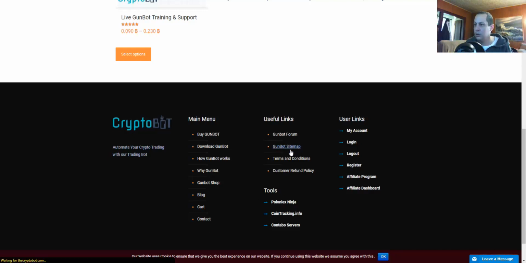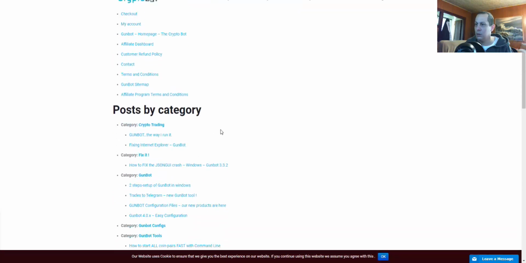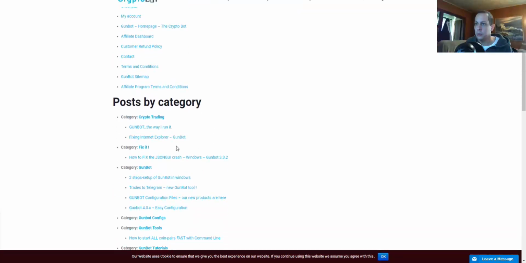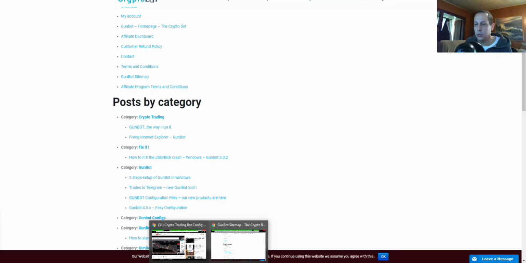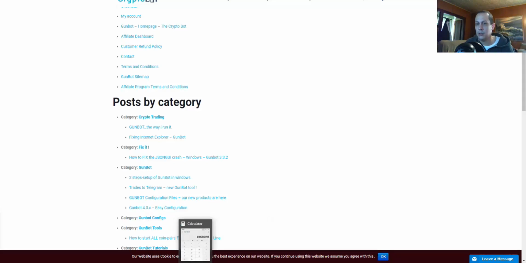When the window pops up when you're loading a config file, do not hit cancel or OK. Just let it shut down. It'll take a minute. Don't press anything, or you'll have the GUI crash. So there's some useful tips over here like that.